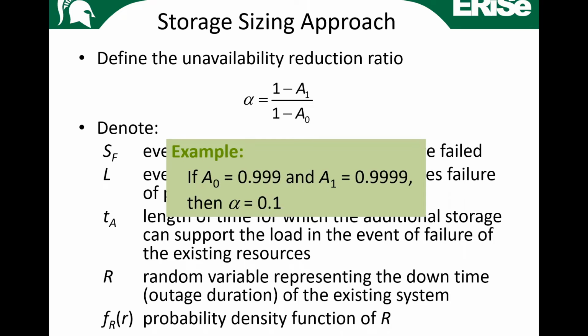Alpha is the new unavailability, 1 minus the availability gives you the unavailability. So alpha is the new unavailability divided by the old unavailability, or the numerator is the target unavailability. So this is the unavailability reduction ratio.